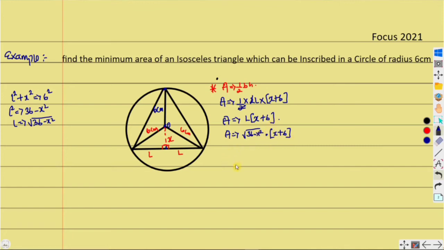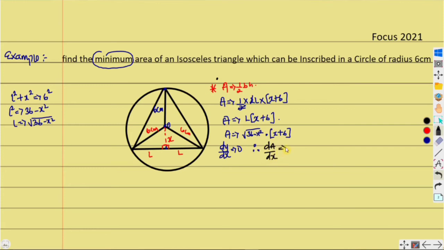In terms of the height. So now guys, what I need to calculate is the minimum area. We just discussed that at the minimum, dA/dx from our formula must be equal to 0. In this case, I have A and x, so I can write this by saying dA/dx must be equal to 0.